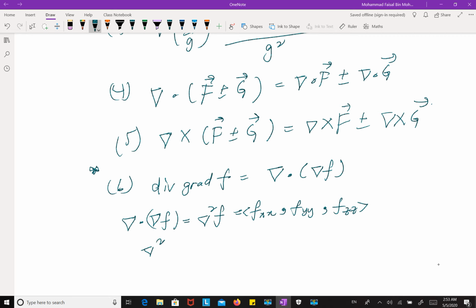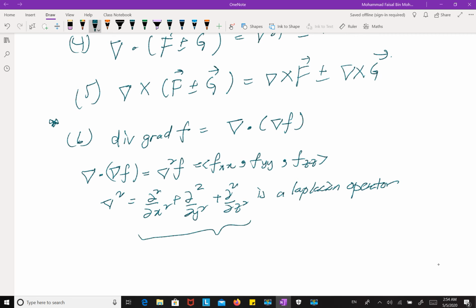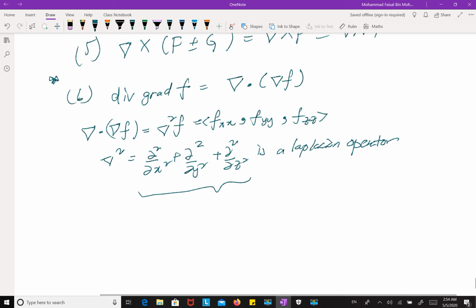This del squared, that equals del squared over del x squared plus del squared over del y squared plus del squared over del z squared, is a Laplacian operator. So if this is equal to 0, it is called a Laplace equation. Okay, we have more.